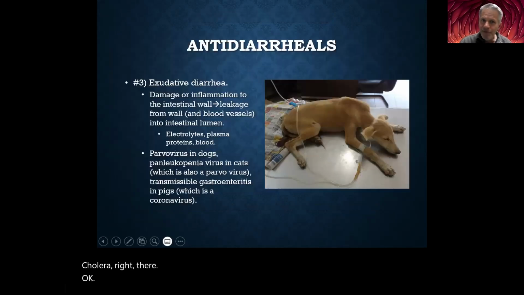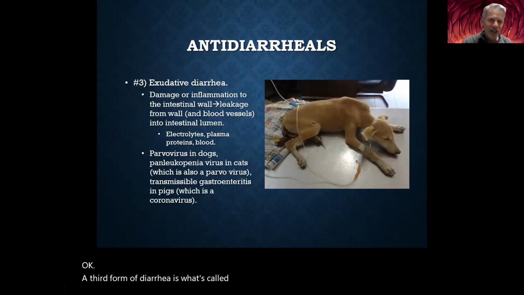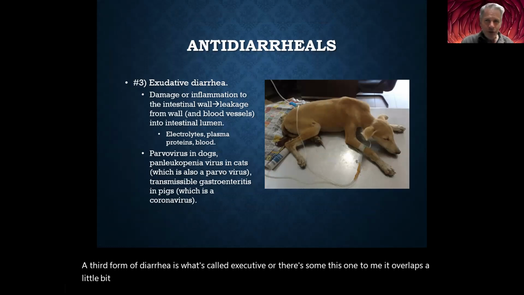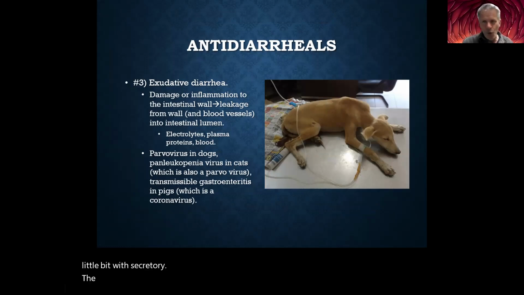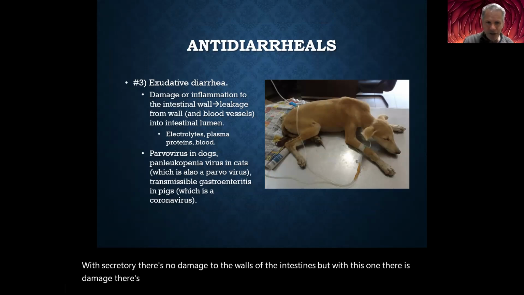A third form of diarrhea is what's called exudative. This one, to me, overlaps a little bit with secretory. With secretory, there's no damage to the walls of the intestines, but with this one, there is damage. There's some damage like from parvovirus or panleukopenia in cats.